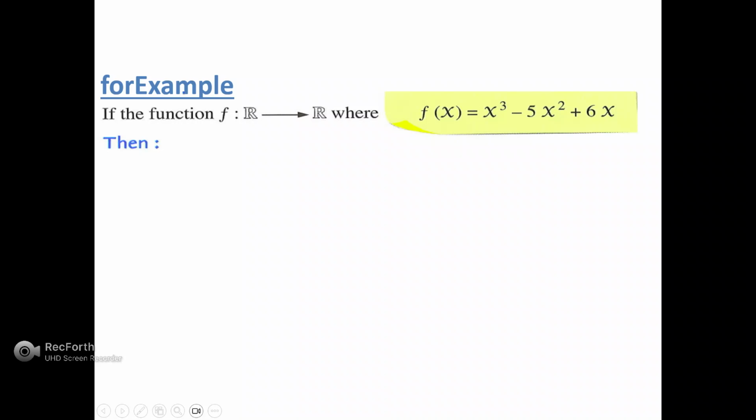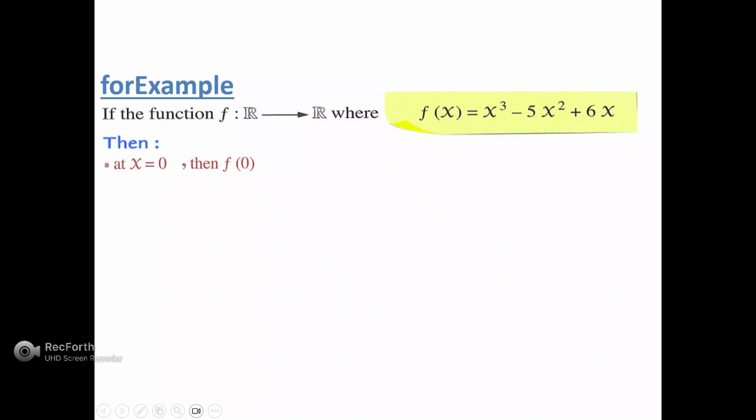First condition, the domain and codomain are real numbers, and in the rule of the function, all powers of the variable belong to the natural numbers. Let's take some random numbers from the domain: 0, 1, 2, 3 and so on. Take some random number and substitute this number in the function.